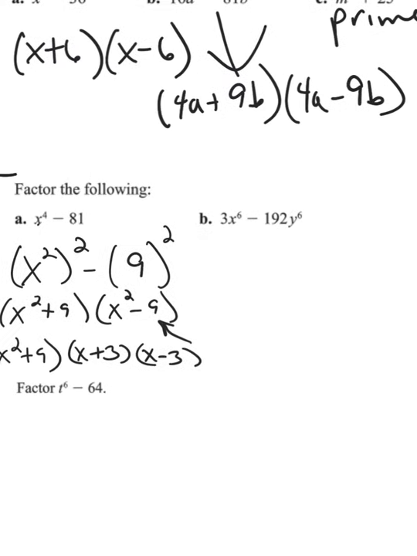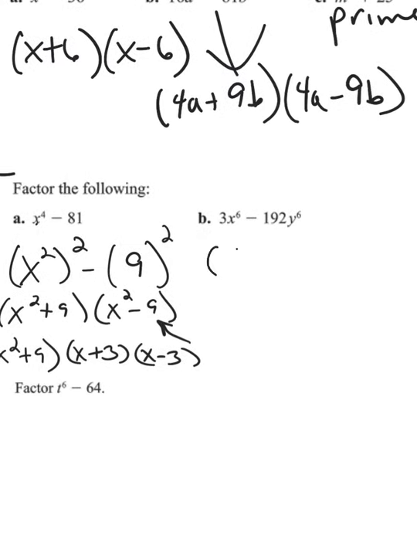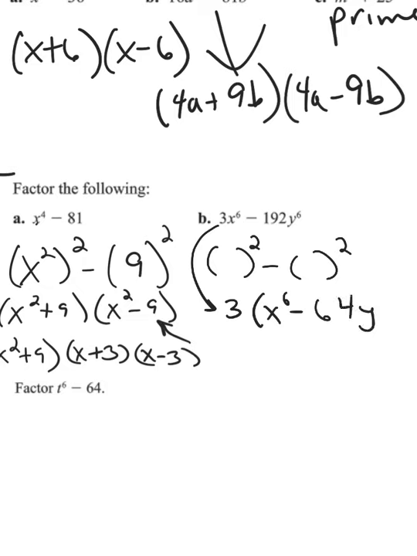Let's look at this next one. Something squared minus something squared. Well, I'm looking at this and I know that 3 and 192 are not a perfect square. But I do know that I could rewrite this as 3 times x to the 6th minus 64y to the 6th.